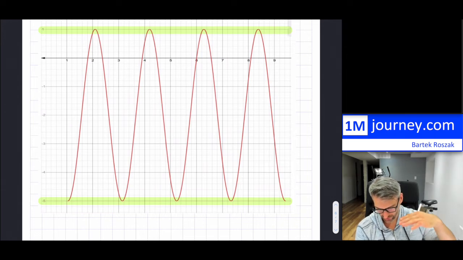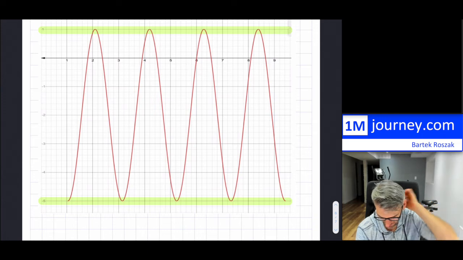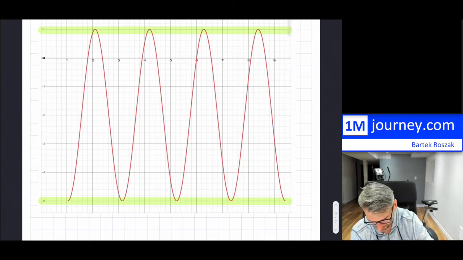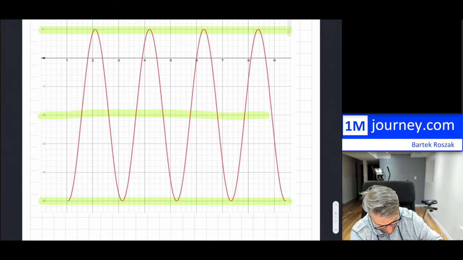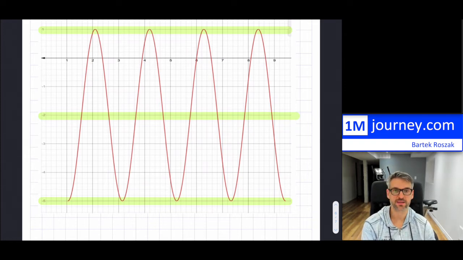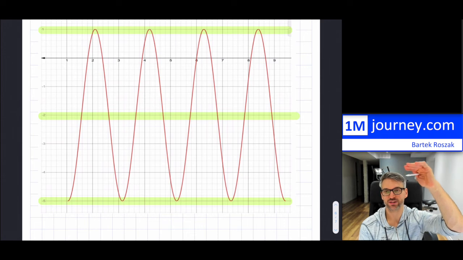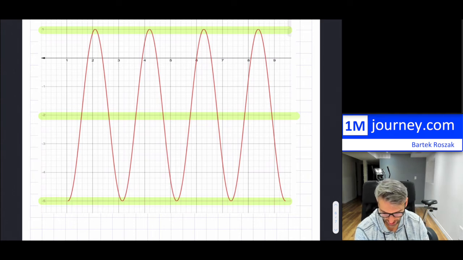So in between, our mid-range is basically right here. The mid-range means that it got shifted down by negative 2. And our goal is to write this entire thing out.